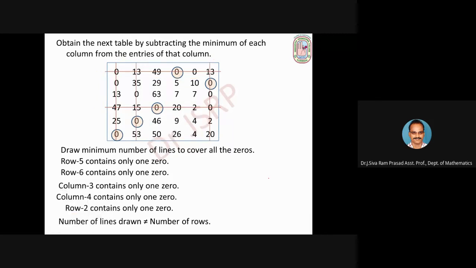So the assignment is not completed. Actually, we have to make 6 assignments, but here the assignments are only 5. So the present assignment is not an optimal assignment, and we have to improve it.